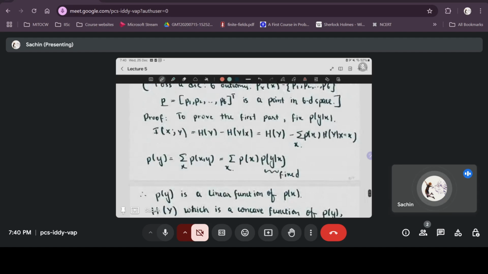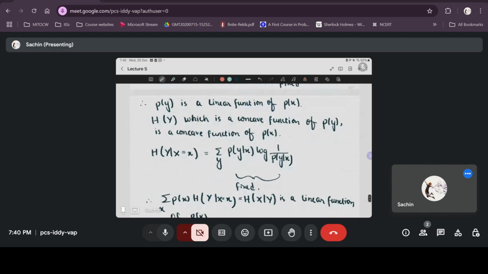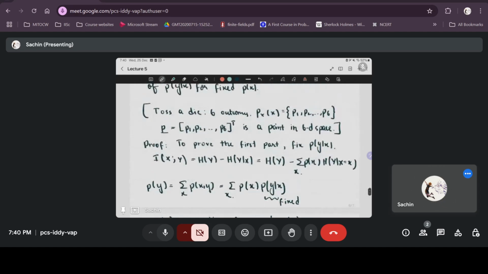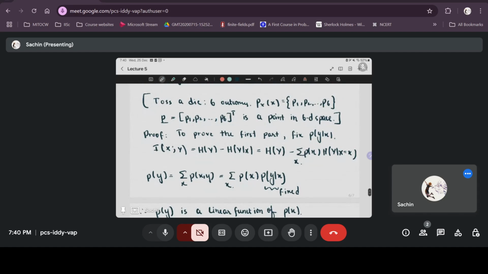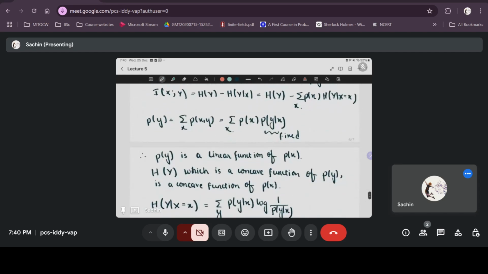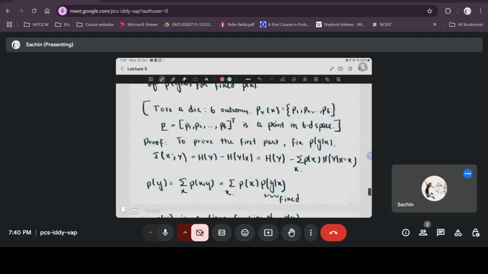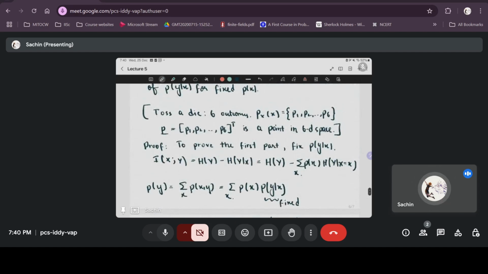So mutual information is h of y minus h of y given x, where h of y is a concave function of p of x and h of y given x is a linear function.